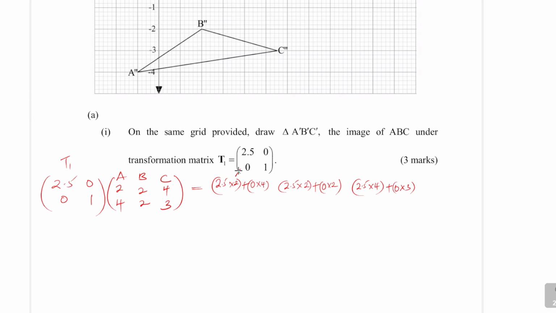All right, so this will give A prime, B prime, and C prime. We go to the second row. Row 2, column 1: 0 times 2 plus 1 times 4.